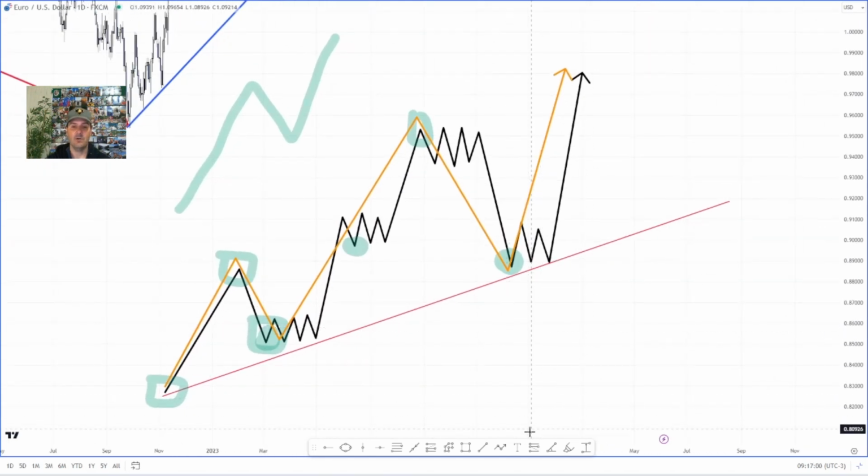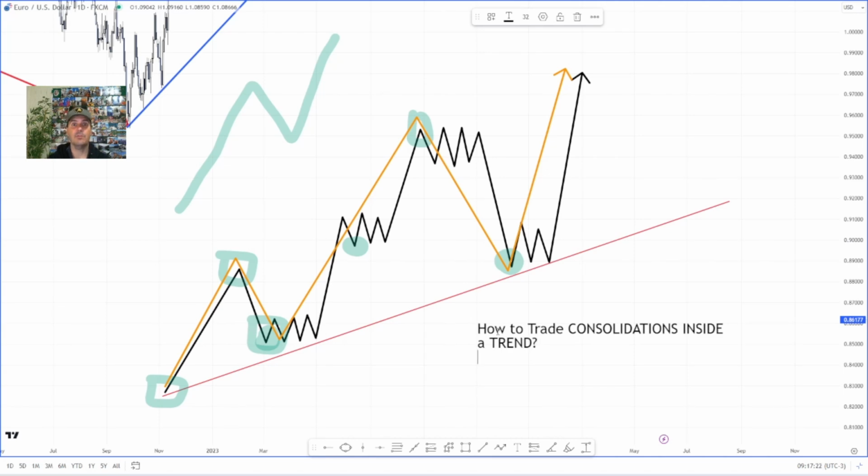Okay, now how to trade consolidations inside a trend. Remember, consolidations are not to be feared.